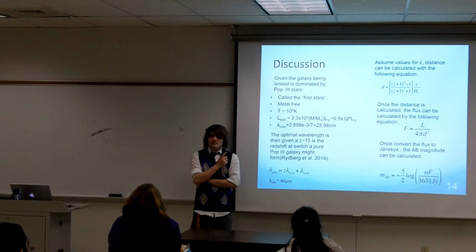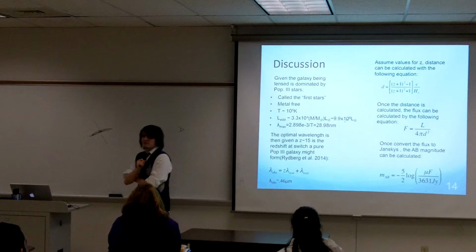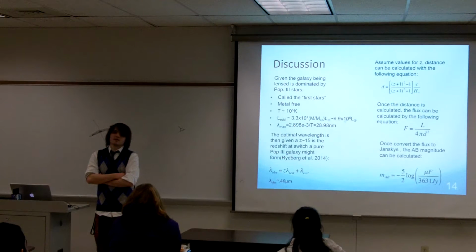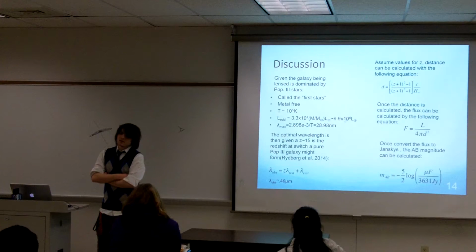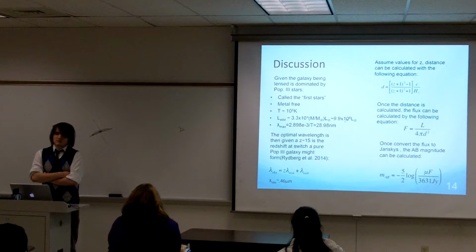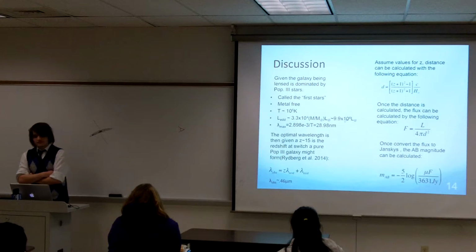Well, I just took the Hubble distance and then used that as the distance scale. Were you using co-moving distance or luminosity distance? That's my question. That may be something I need to look into further. I'm not exactly sure. That may be what's happening. So that could be a really easy fix.